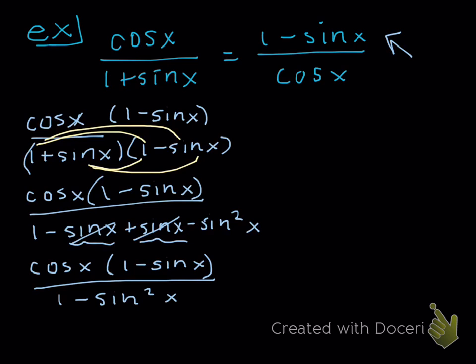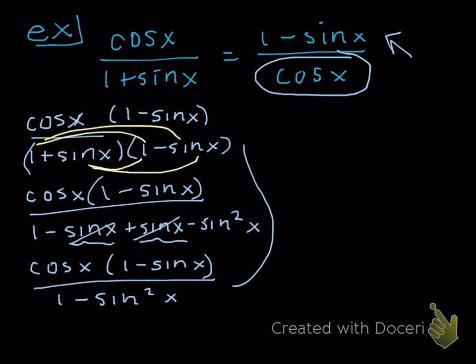And again, you always want to be mindful of what you're trying to prove. So when I look at the right-hand side, notice I have a cosine in the bottom, and I don't have that yet. I have a 1 minus sine squared. But I know I can use the Pythagorean identities and replace this 1 minus sine squared with the cosine squared.